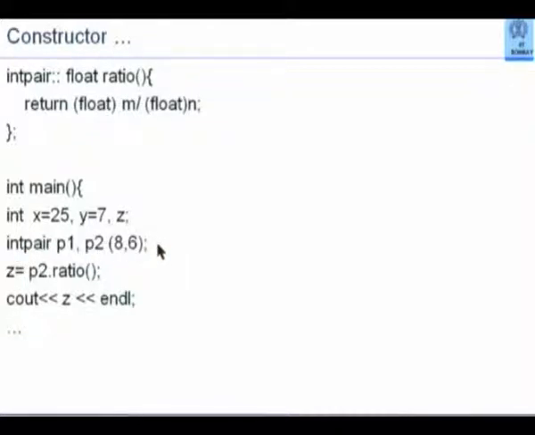I am instantiating two objects here, P1 and P2. So P1 is a pair of numbers, P2 is another pair of numbers, because I am declaring them as members of the class int pair. So these two objects are instantiated.